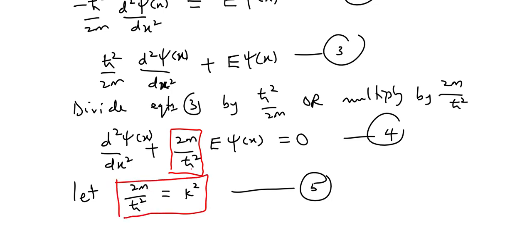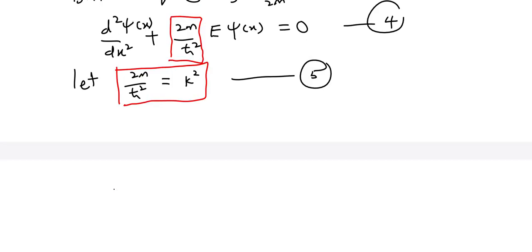So in that case, what will happen to our equation 4? Equation 4 can now be written as d squared psi dx squared plus k squared psi, sorry, 2mE.